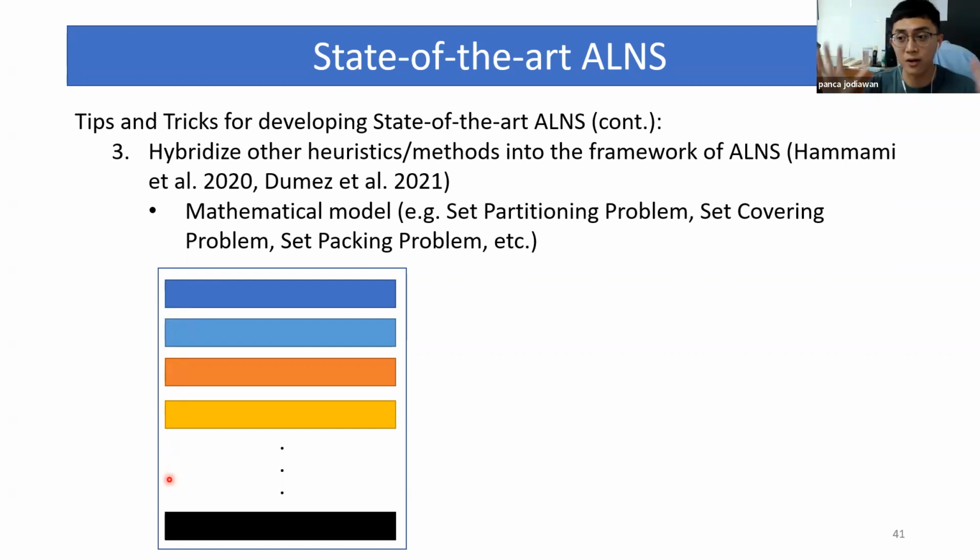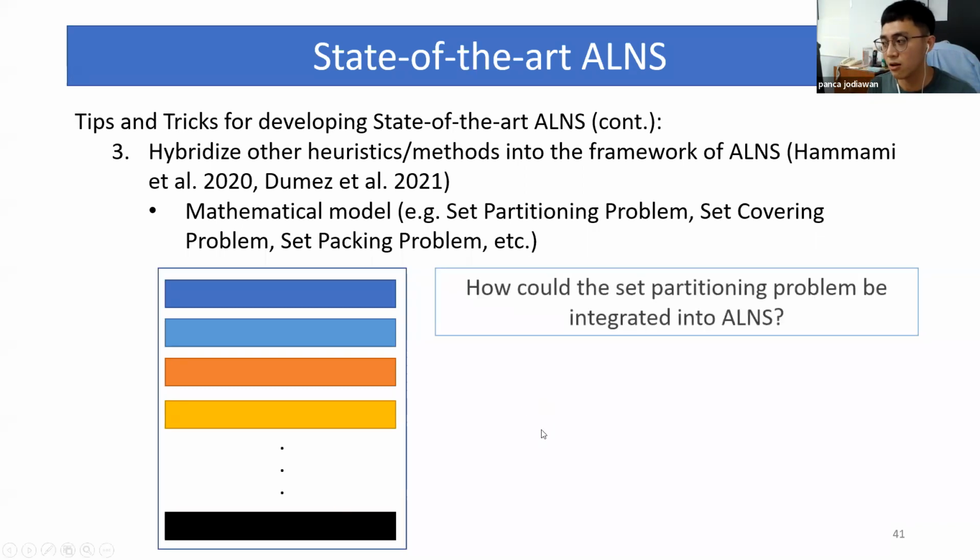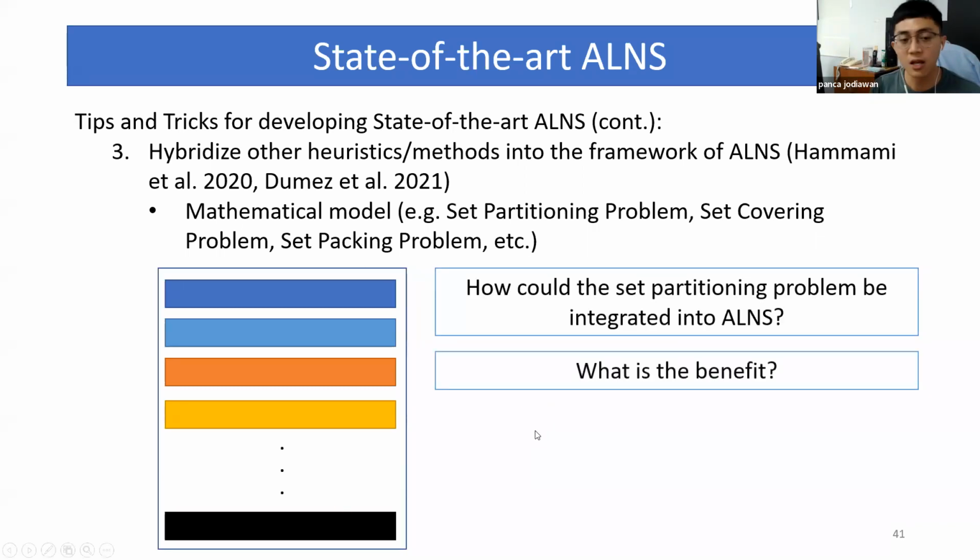You collect all the historical records of the solutions. Then, based on the pool, the collection of these routes, you will optimize, or combine all those routes to create one full solution.